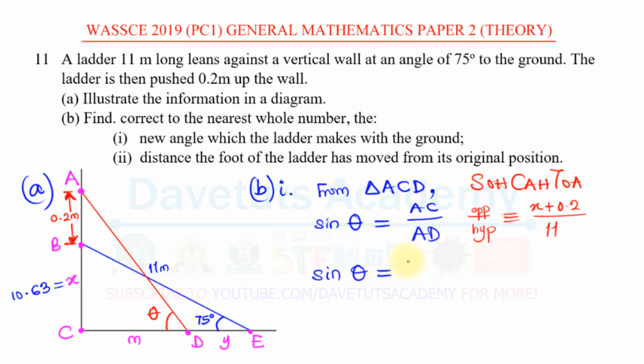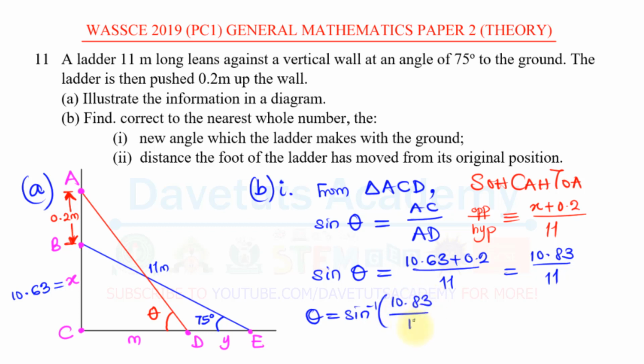So I can say sine theta is 10.63 plus 0.2 over 11, and that is 10.83 over 11, so that my theta will be arc sine of 10.83 over 11.